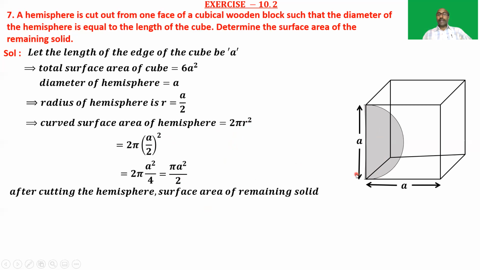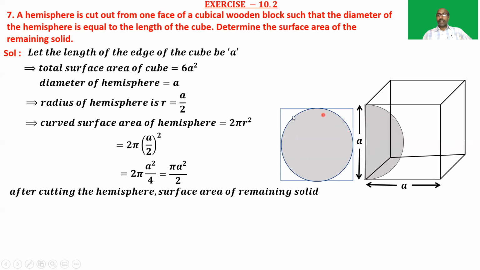The surface area of the remaining solid. So in this figure, we should be able to see all 5 faces of the cube as the same, but the face from which the hemisphere was cut is seen like this.